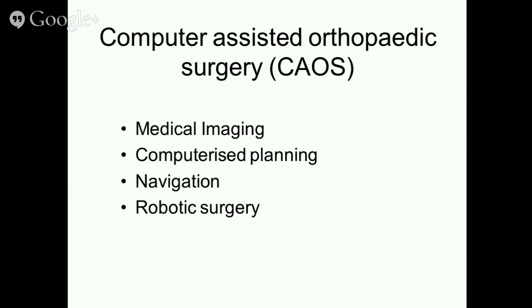In the theatre, you use a motion capture system to help you navigate where you are in 3D space and where you are relative to the anatomy of the subject on the table. And then you can use robotic surgery, which is effectively an industrial milling machine, to cut the bone.